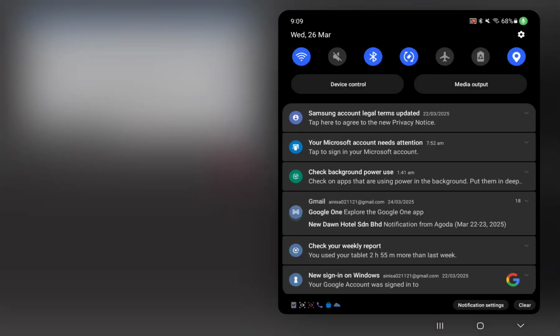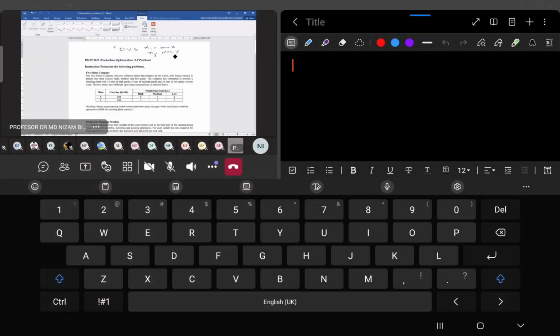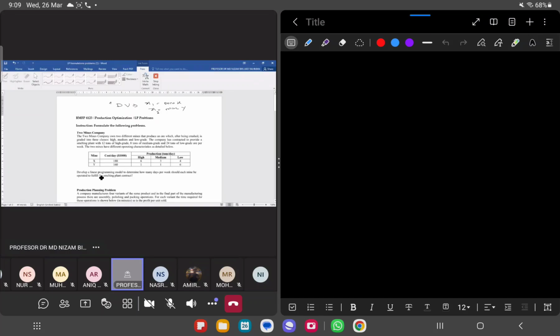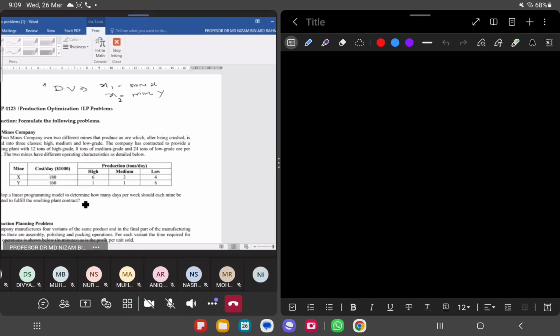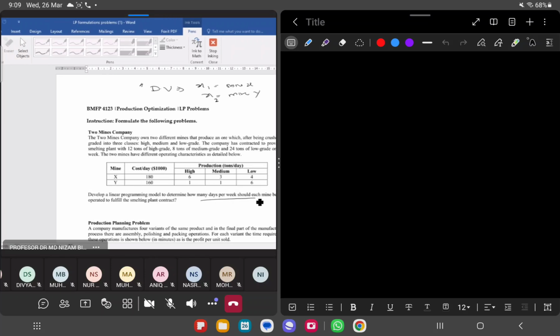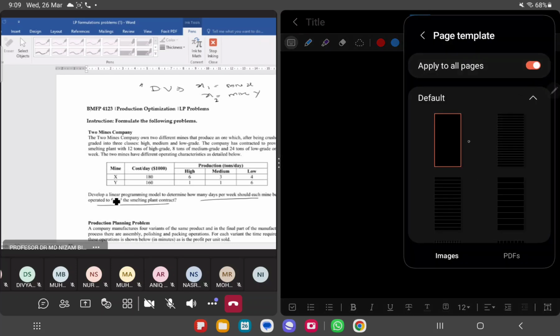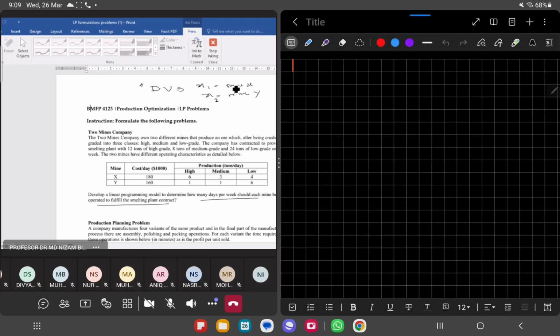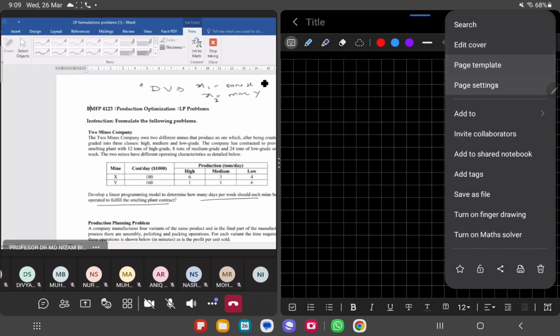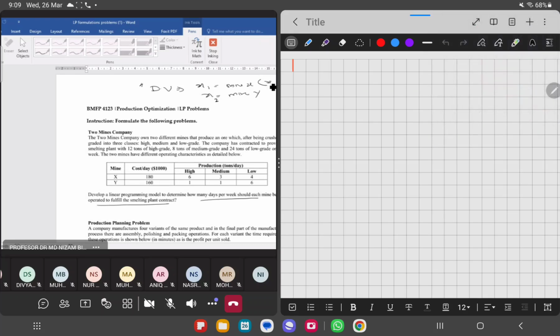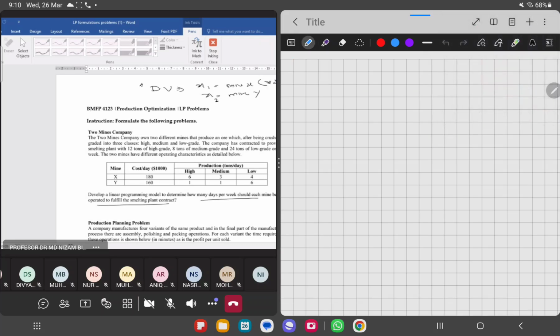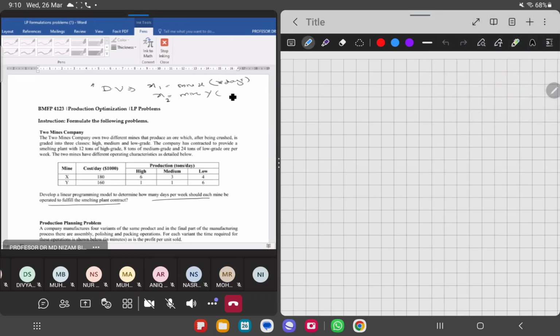How many days should each mine be operated? Correct. If you look at this statement, develop a linear program model to determine how many days per week each mine should operate to fulfill the smelting plant contract. So this is the decision that you want to make. The unit for this is the number of days of operation.